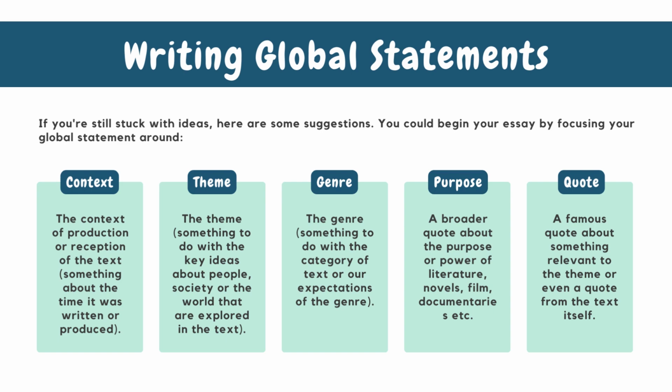Genre: something to do with the category of text or our expectations of the genre. Purpose: a broader quote about the purpose or power of literature, novels, film, documentaries, etc. Quote: a famous quote about something relevant to the theme or even a quote from the text itself.